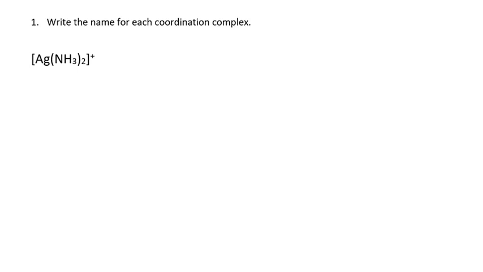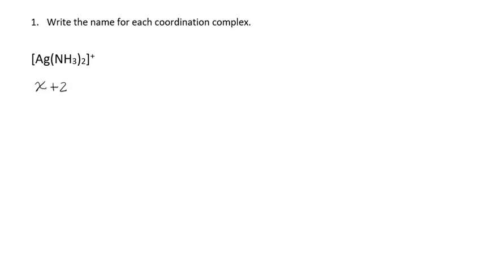The first thing that I will do is to figure out the charge on the metal ion. Remember that the sum of all the charges, the metal ion plus the ligands, has to equal the charge on the complex. So what we have here is X for the metal ion plus the charge on our ligands.